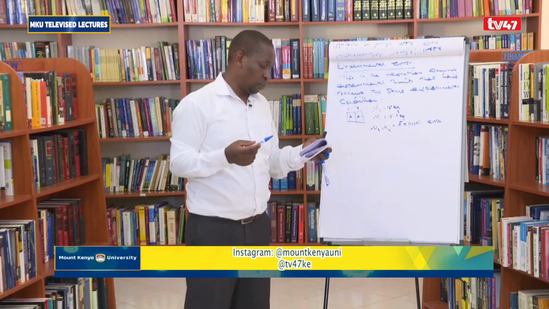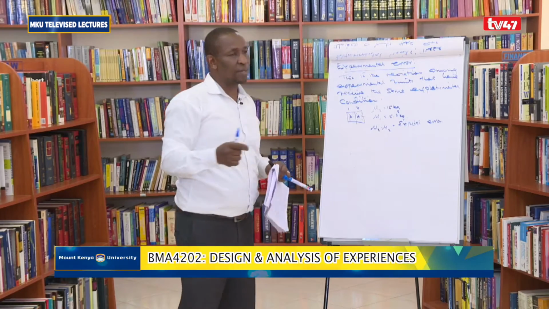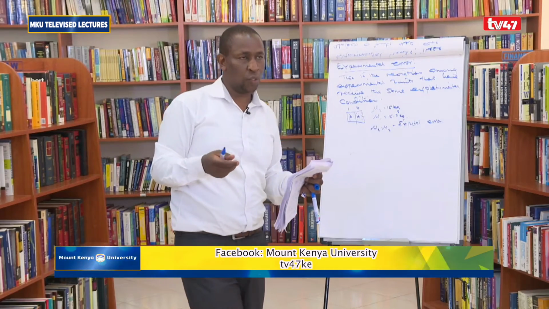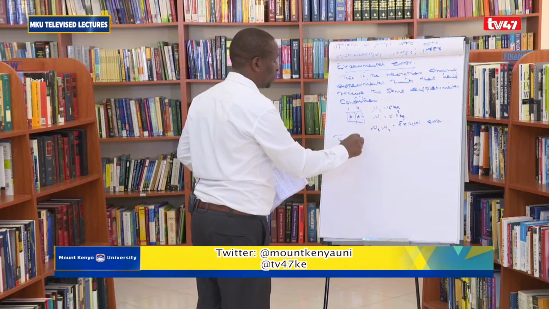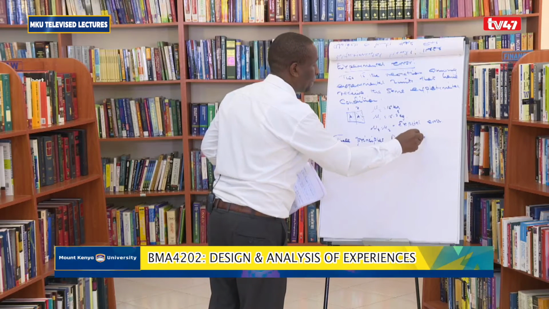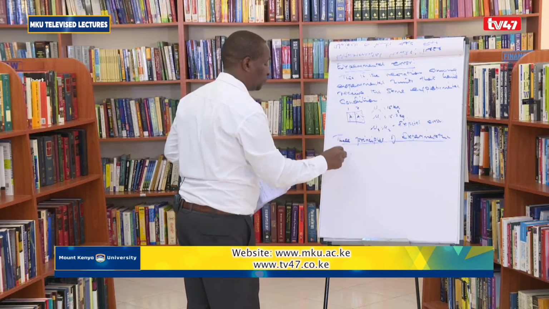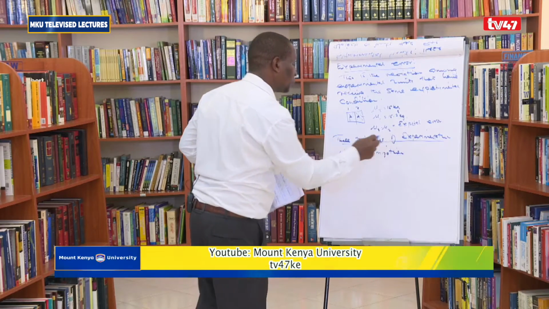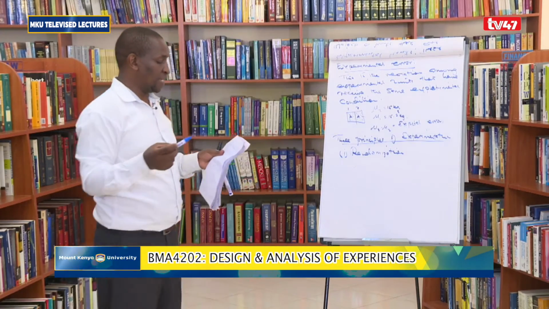So we have three basic principles of experimentation, which we refer to as randomization, replication, and blocking. They are: one, randomization. This is the allocation of experimental units to the treatments at random or by chance.